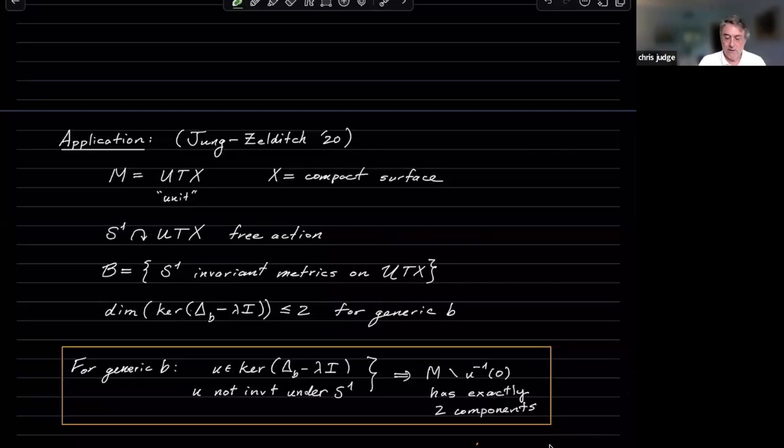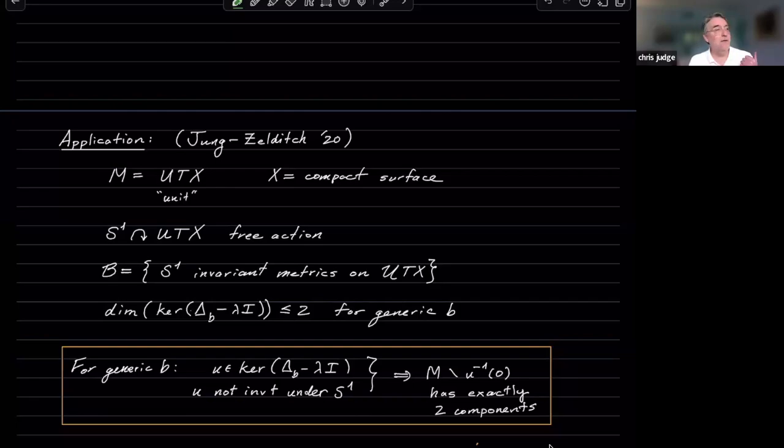So I should also say, here it's an application where we do more than just the simplicity result. They use transversality more than that. Uhlenbeck proved not only that the eigenvalues are simple, she also showed that generically, if you look at the eigenfunctions, they satisfy really nice properties.